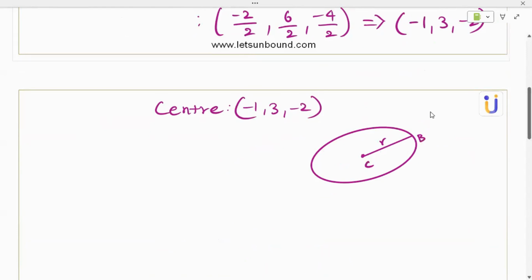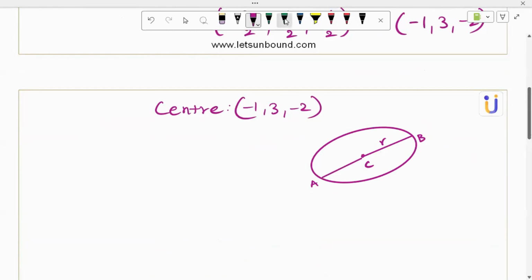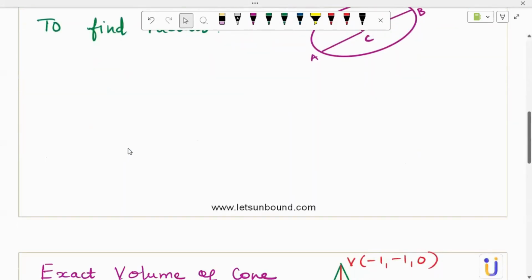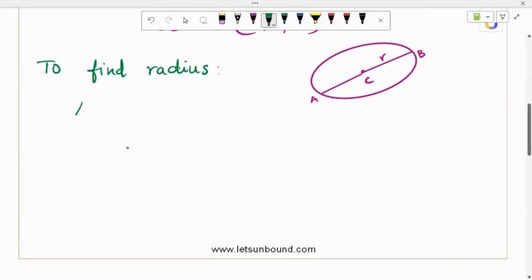I'm going to take C and A, so that A has simple numbers, 1 and minus, no complications. To find the radius, apply the distance formula for AC.